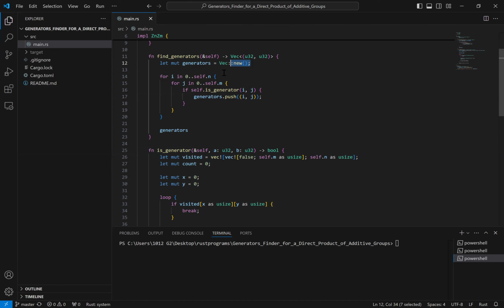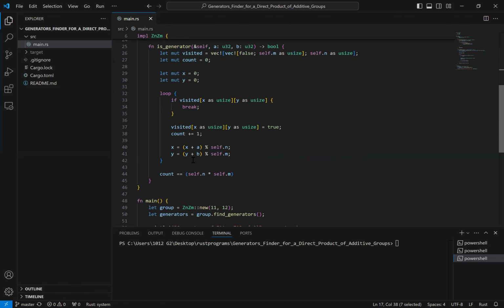Now this one looks at, what about (1, 4)? Then this one calls on this with (1, 4). Then this one checks (1, 4) and finds that (1, 4) is not a generator. So this one has nothing to push at this time, and so on and so on. That's how it's doing it. We'll be looking at how this one does all that, to find out whether elements are generators.